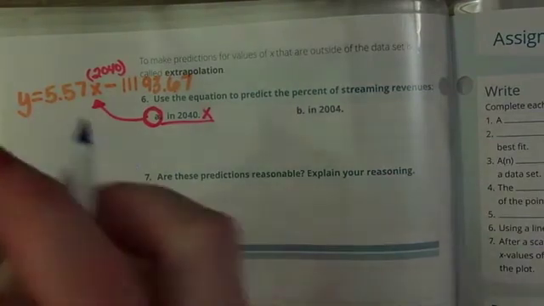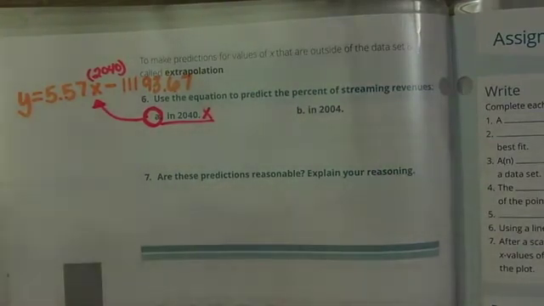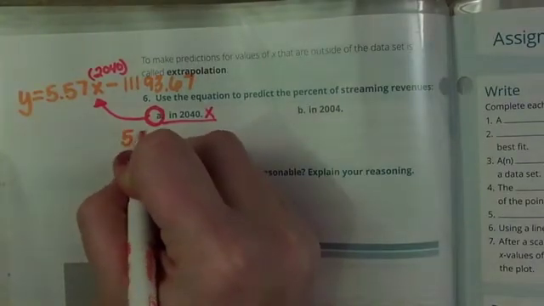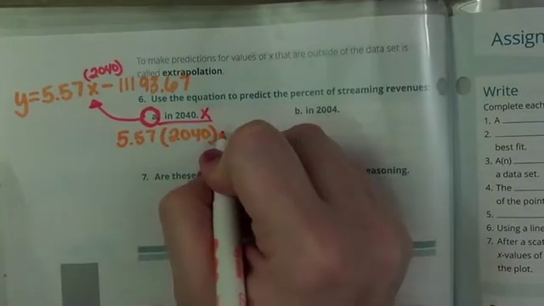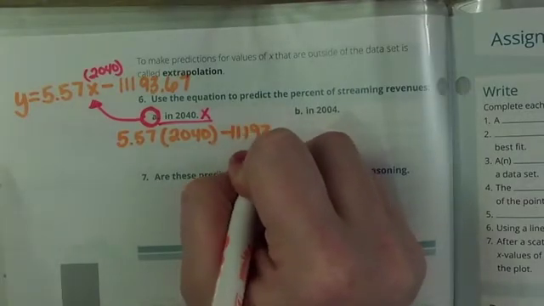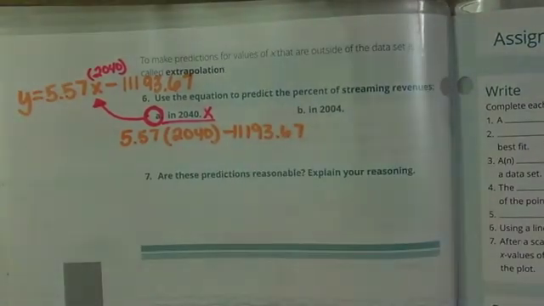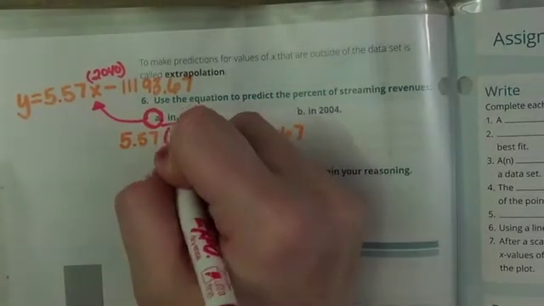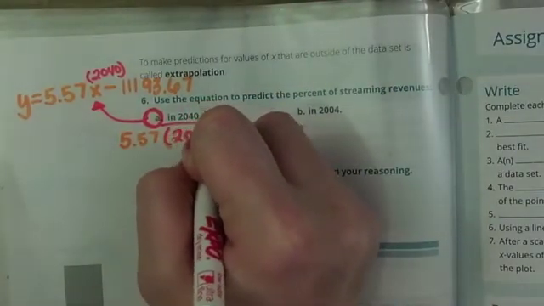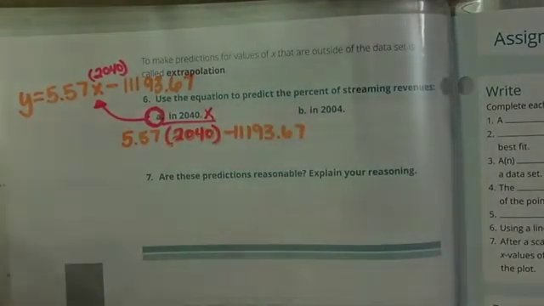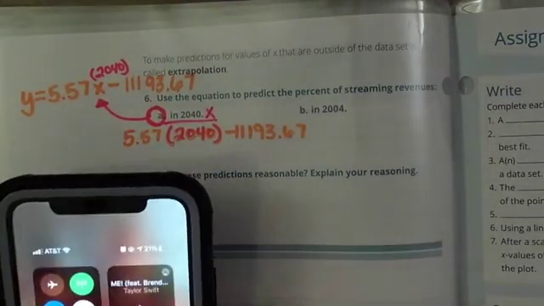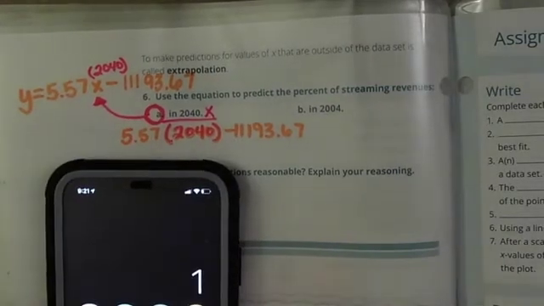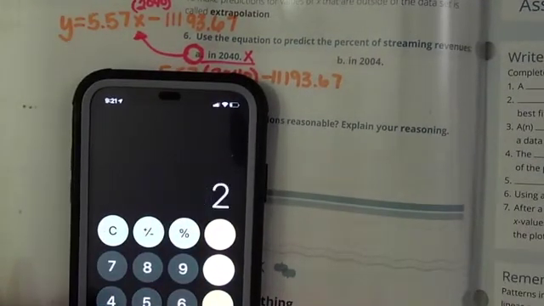So we're going to do 5.57 times 2040, and I forgot to write in a different color. I'll just write over it in red so you can see it. 2040. We're going to again type that in our calculator. This time I'll use my phone just so that you get to see it differently. So I'm going to do 5.57 times 2040.